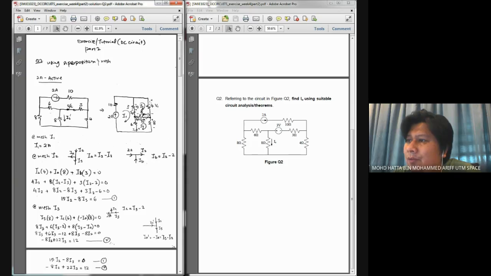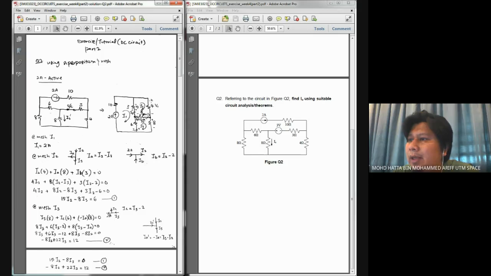For the 4 ohm resistor, if the current is flowing that way, the positive polarity should be at the top, negative at the bottom. For the 8 ohm resistor, the positive is at the right, negative at the left. For the 3 ohm resistor, positive at the bottom, negative at the top. And I try to work out the Kirchhoff voltage law around loop number 2.